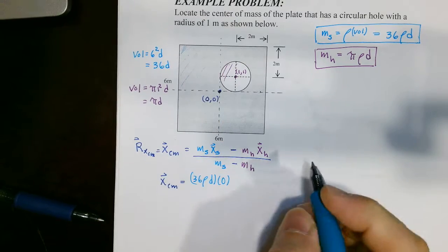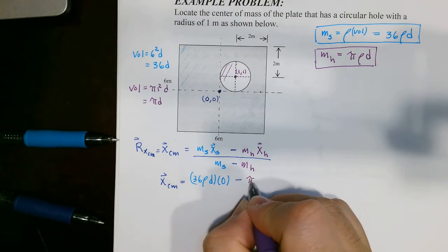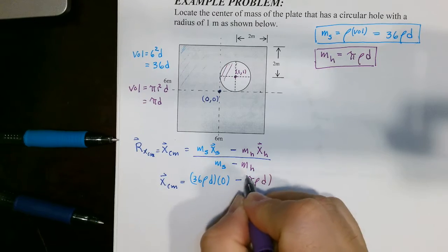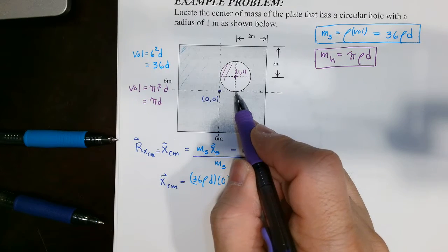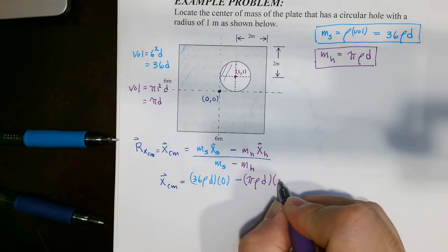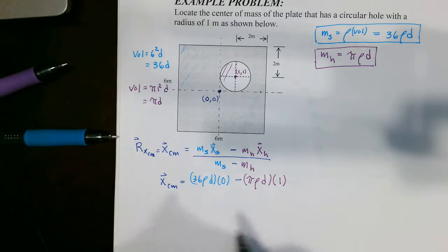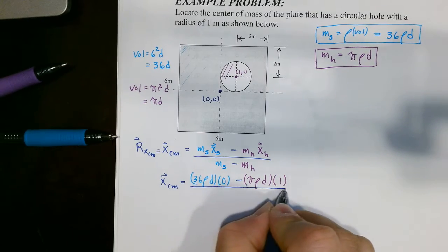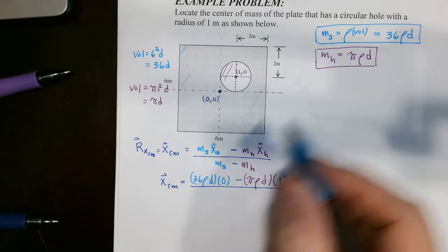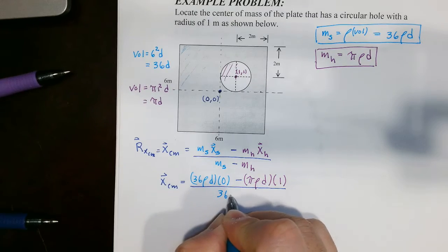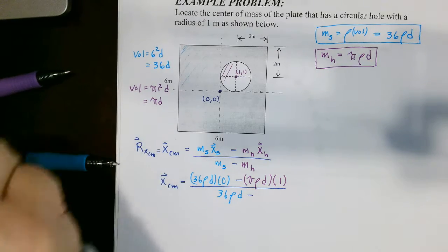So that's 0 minus, right, m hole, which is pi rho d, right, times x position for my hole, which is 1, positive 1. Okay? Whole thing divided by 36 rho d minus pi rho d.